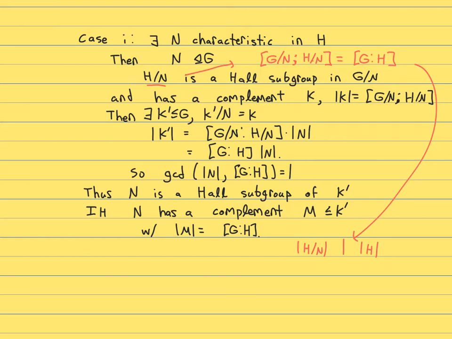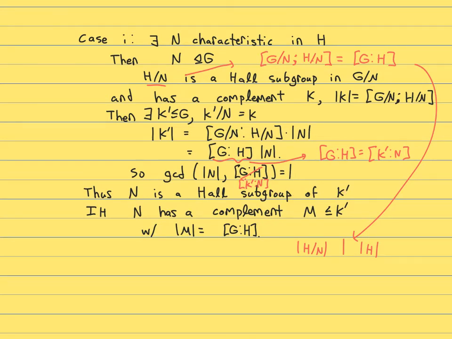One thing that should be clear at this point is that the way this is constructed, the index of H in G is also the index of N in K prime. So we can do that replacement here. And thus we see N is a Hall subgroup of K prime.